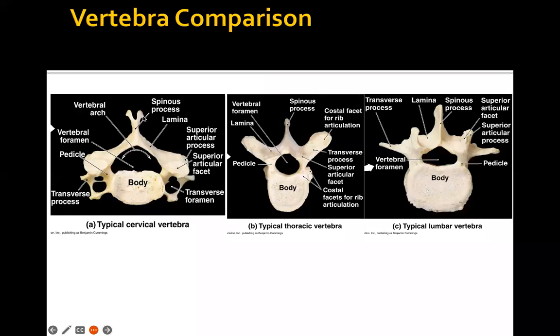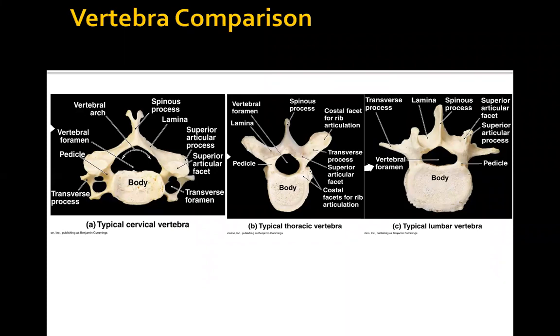Unlike the others. So it's your duty as a student, your responsibility, to study the bones and be able to distinguish between the various vertebrae. Even for cervical, we mentioned that the cervical can be listed from 1 to 7.